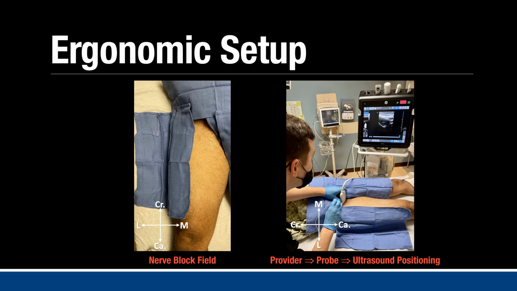And then in regards to ultrasound-guided nerve blocks, you want to position the ultrasound machine opposite the side of block performance in an optimal line of sight that prevents provider head movement or discomfort while performing the block. As illustrated in the picture, the optimal setup is provider, probe, ultrasound machine.